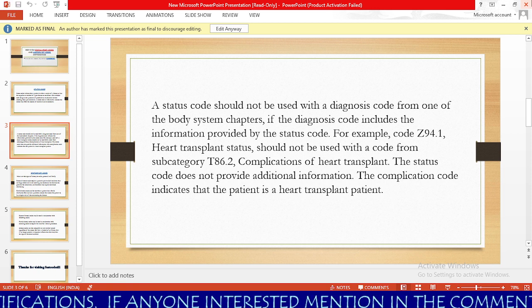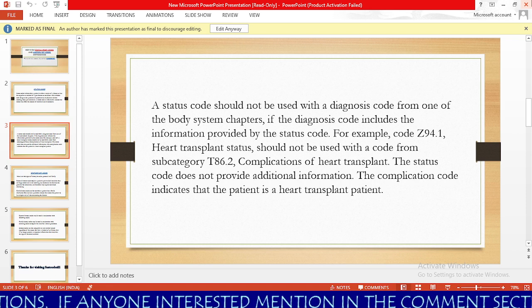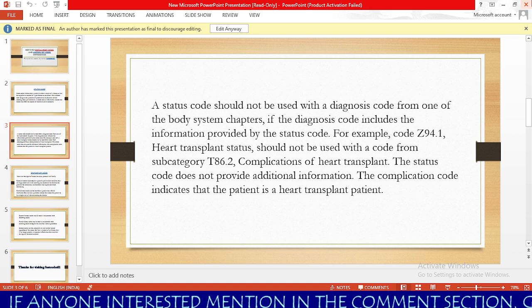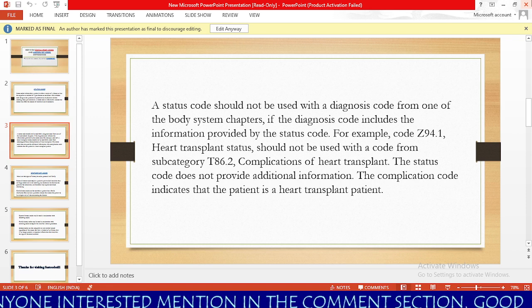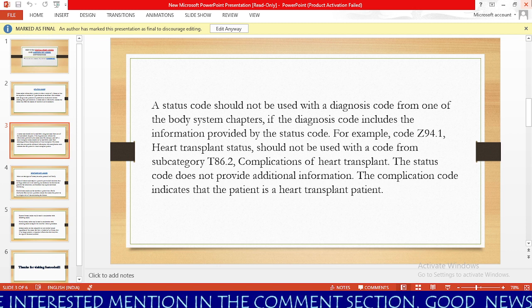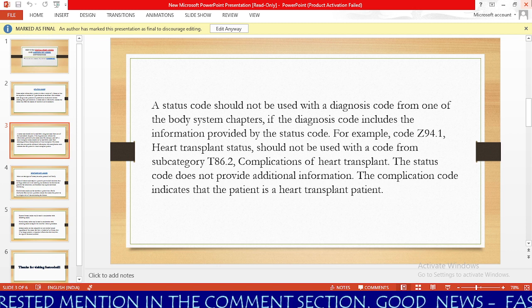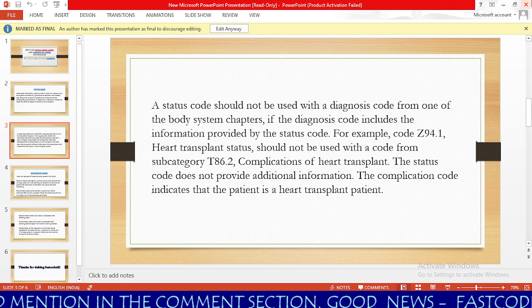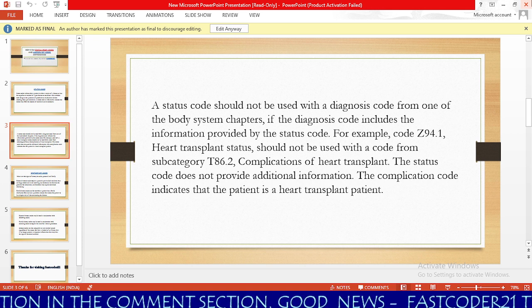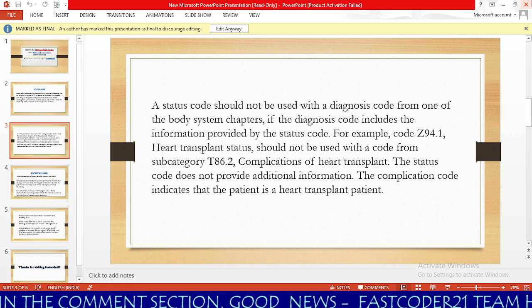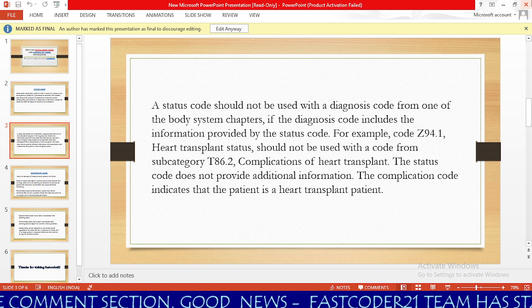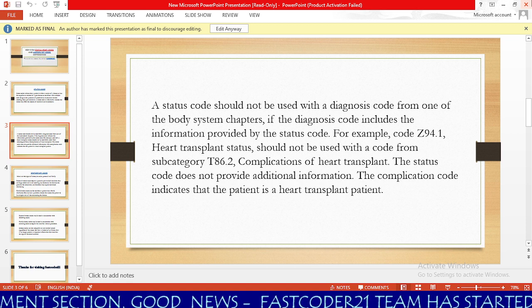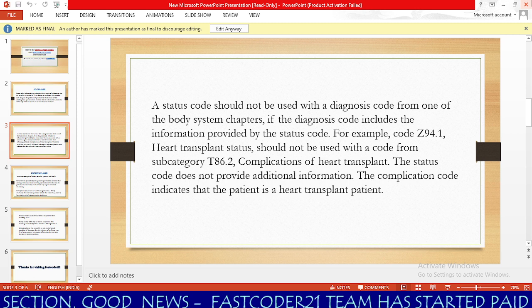which is the most common one we will use while coding along with the obesity code. And also we have Z74.01 bed confinement status and Z76.82 awaiting organ transplant status, and also we have Z78 other specified health status, and most commonly we will use for medications the Z79 series, which is long term drug therapy.